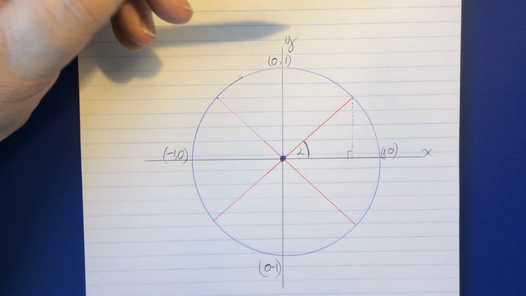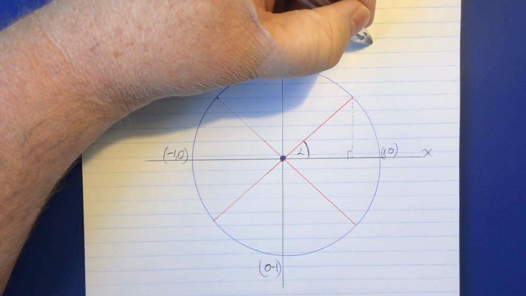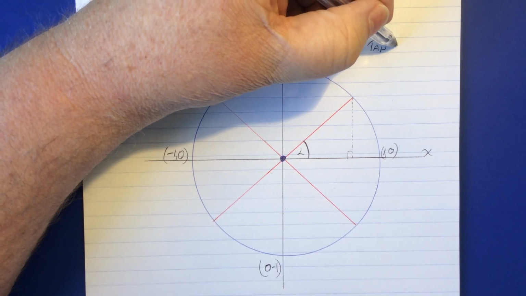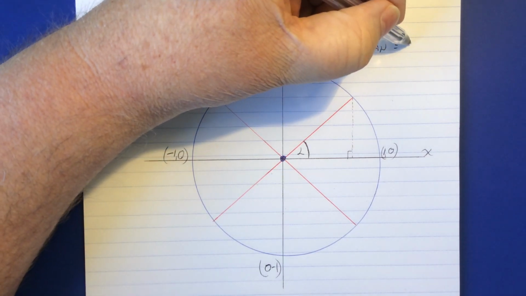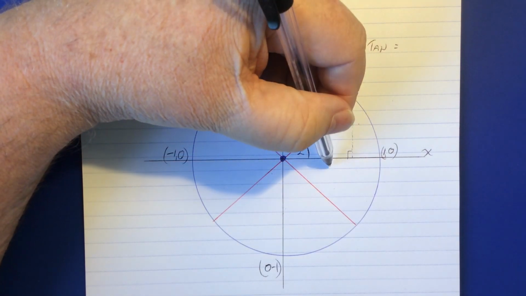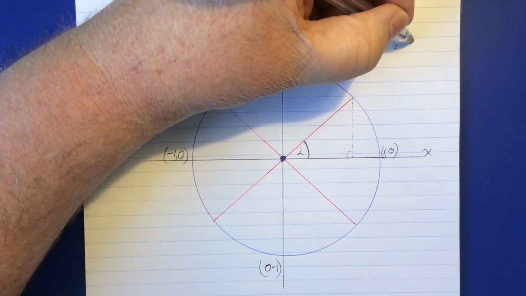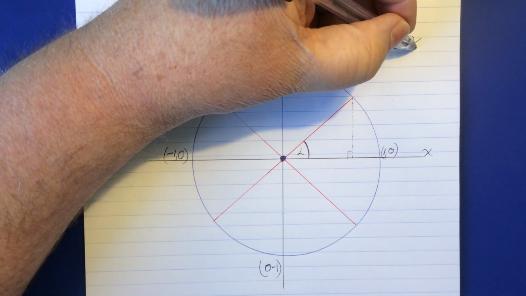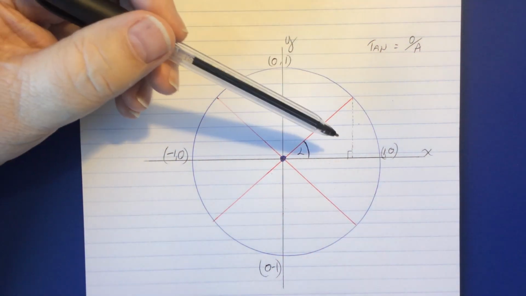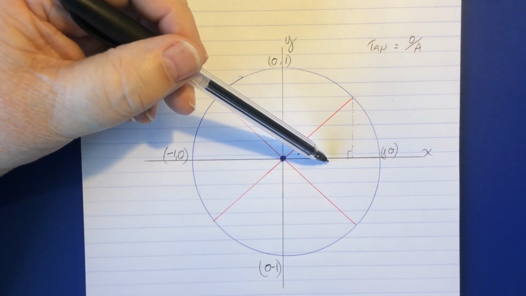And if we consider the tangent, that is equal to the opposite side over the adjacent side. So opposite over adjacent. And the values of those two sides will be positive.